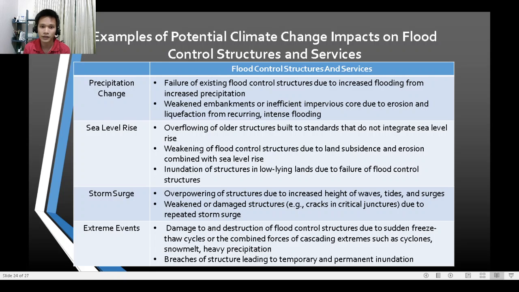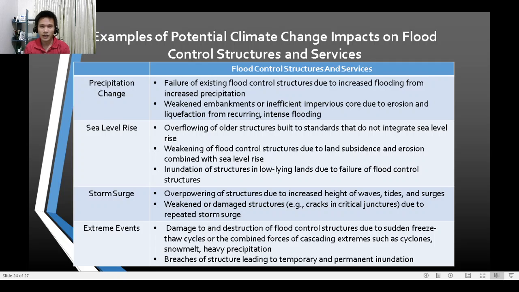So weakening of flood control structures due to land subsidence and erosion combined with sea level rise. So inundation of structures in low-lying lands due to failure of flood control structures. And storm surge, overpowering of structures due to increased heights of waves, tides, and surges.